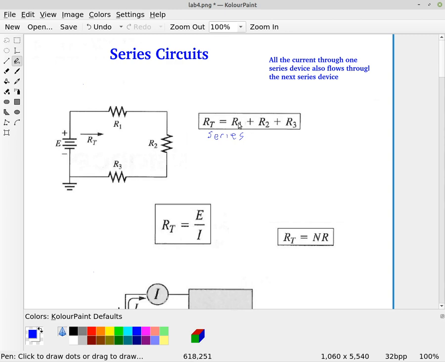Now, if R1 was the exact same value as R2 and R3, then the total resistance is just 3 times the value of those resistors. So for equal series resistors, it's N, the number of resistors, times the value of resistance.